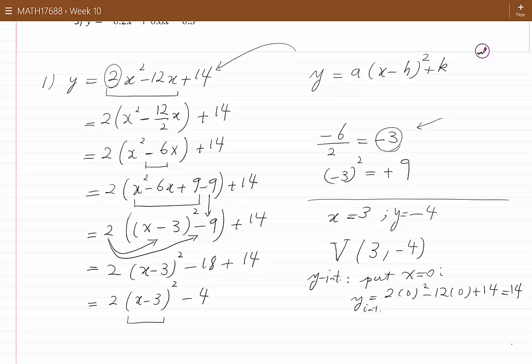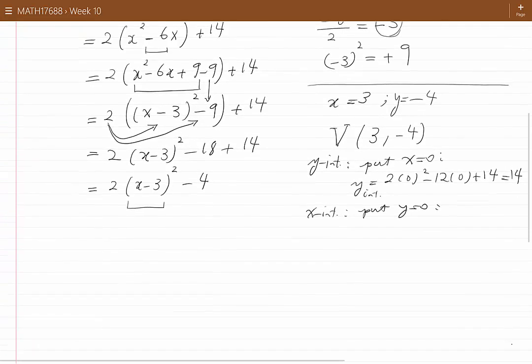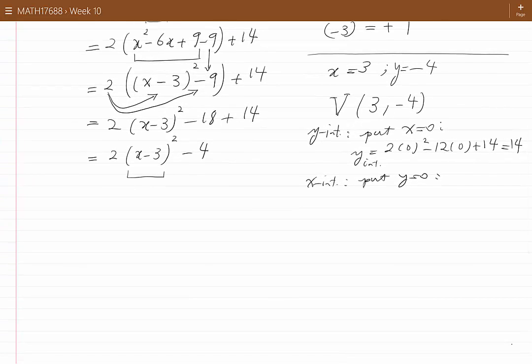To find the x-intercept, put y equal to 0 and solve. To do this, it is better to use the standard form. We would have y equal to 0, implying that 2 times (x minus 3) squared minus 4 is equal to 0. To isolate x, take minus 4 to the other side.